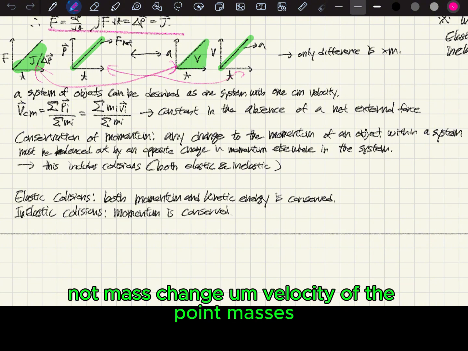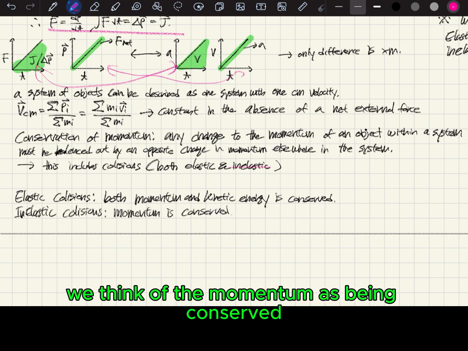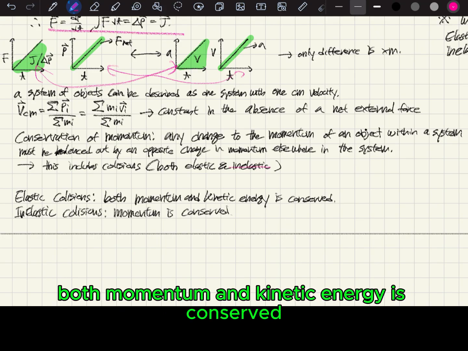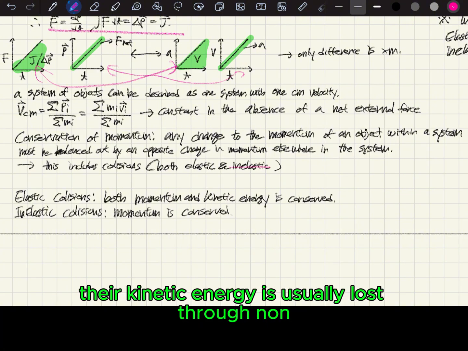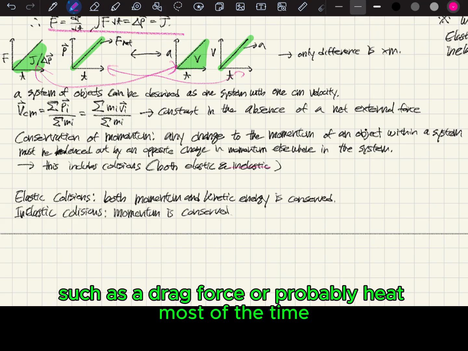This includes collisions, both elastic and inelastic, because in both scenarios, momentum is conserved. In elastic collisions, both momentum and kinetic energy are conserved. In inelastic collisions, only momentum is conserved. Their kinetic energy is usually lost through non-conservative work, such as drag force or, most of the time, heat.